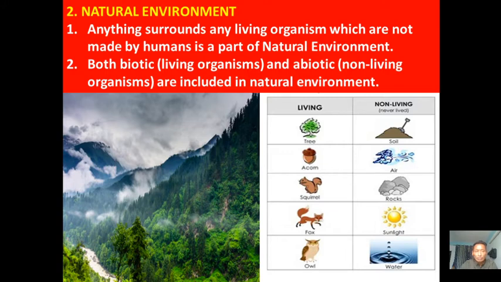So the natural environment consists of both biotic, that means living organisms, and abiotic, that means non-living things.